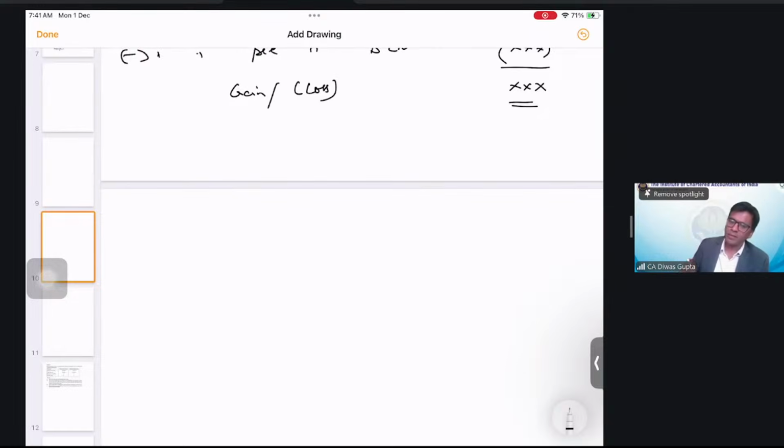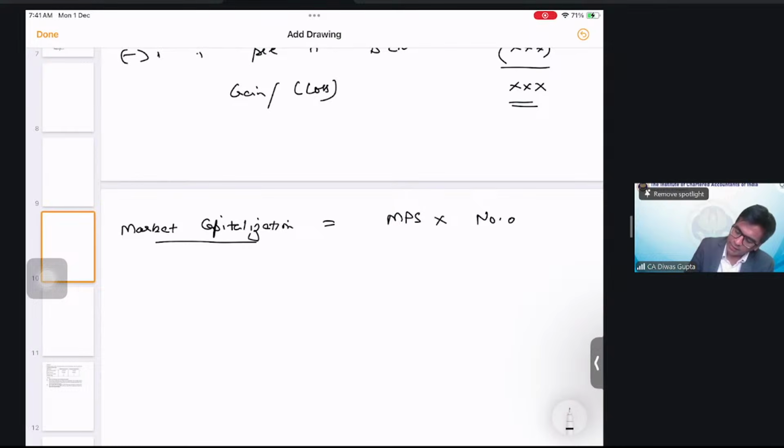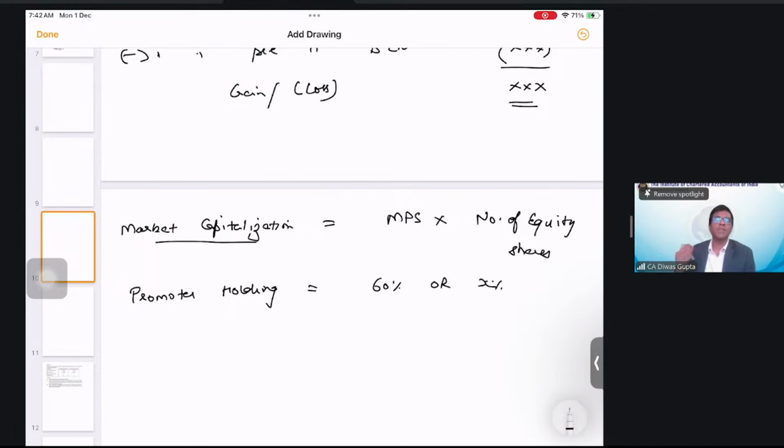Perfect. Then market capitalization is equal to market price per share multiplied by number of equity shares, that we all know, right? Clear? Then sometimes there is a concept in the question called promoters holding. So students, please do remember, whatever is the percentage given to you, let's say 60% or X percent, that means it's a promoter holding.